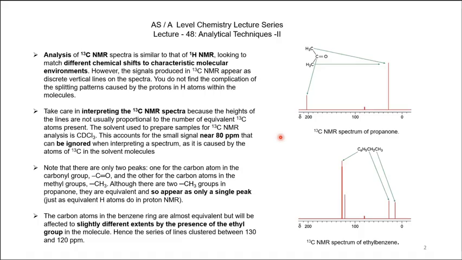We were talking about how we made the solution and the chemical shift, how we looked to the chemical shift, how we looked to the molecular environment. This is what we are talking about.